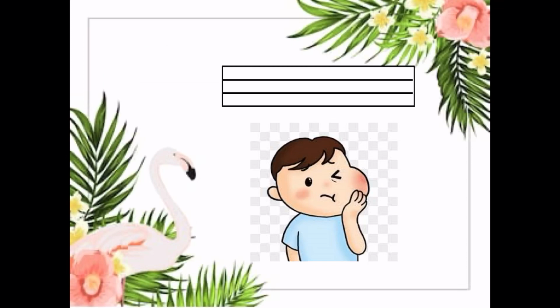Then, if you have a pain in one of your teeth, what do we call this disease? Toothache. So, he has a toothache.